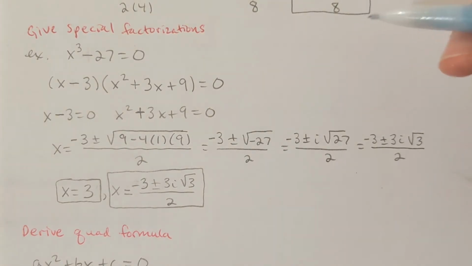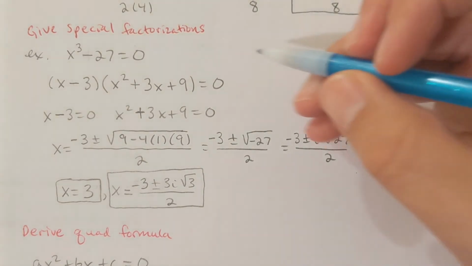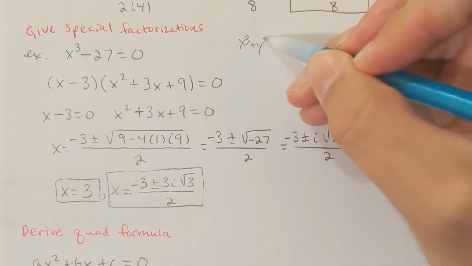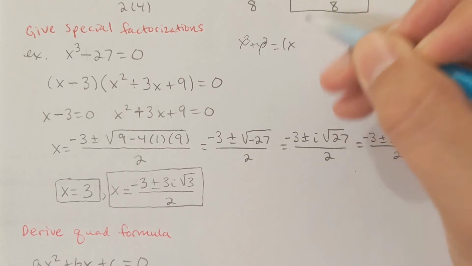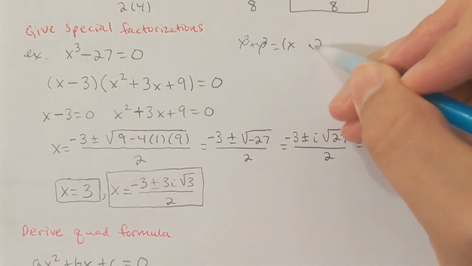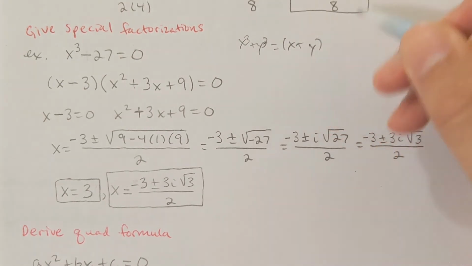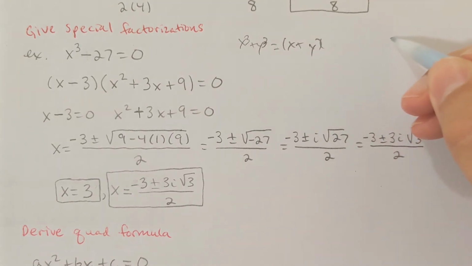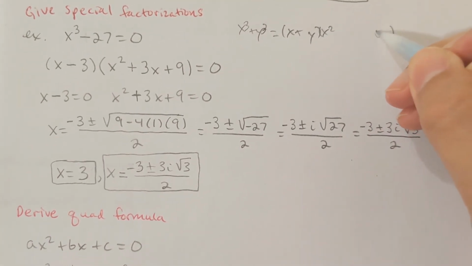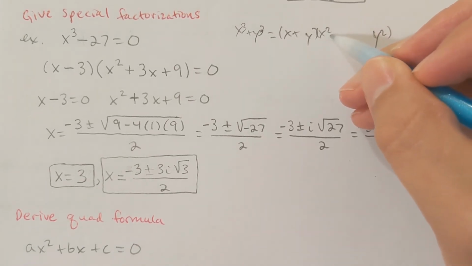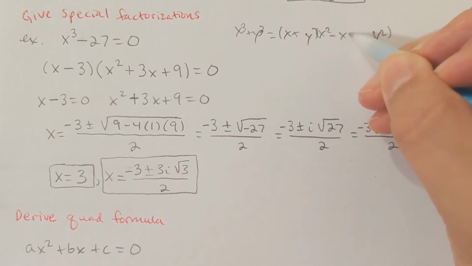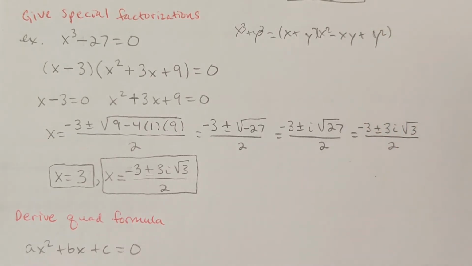X cubed plus y cubed is going to factor as x plus y times x squared minus xy plus y squared.